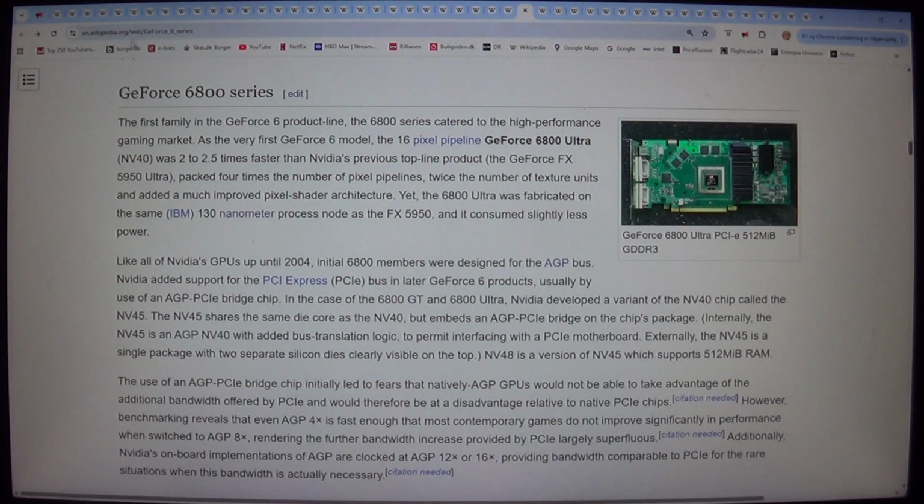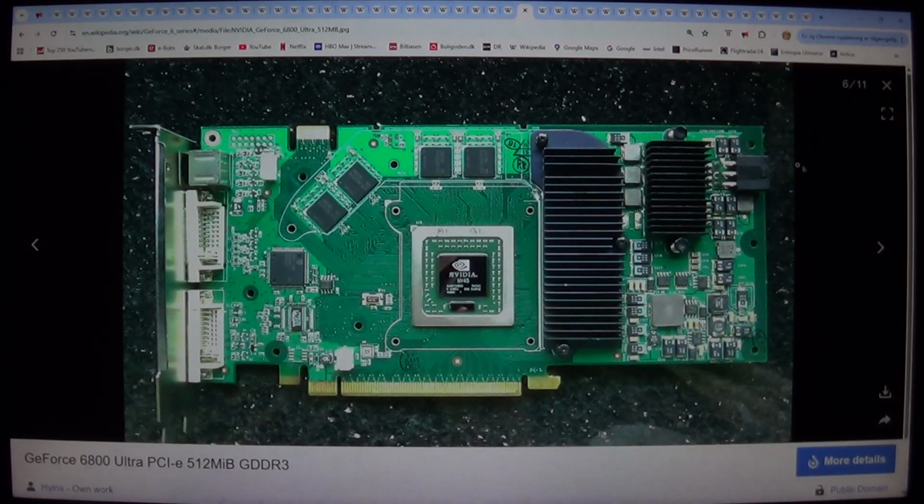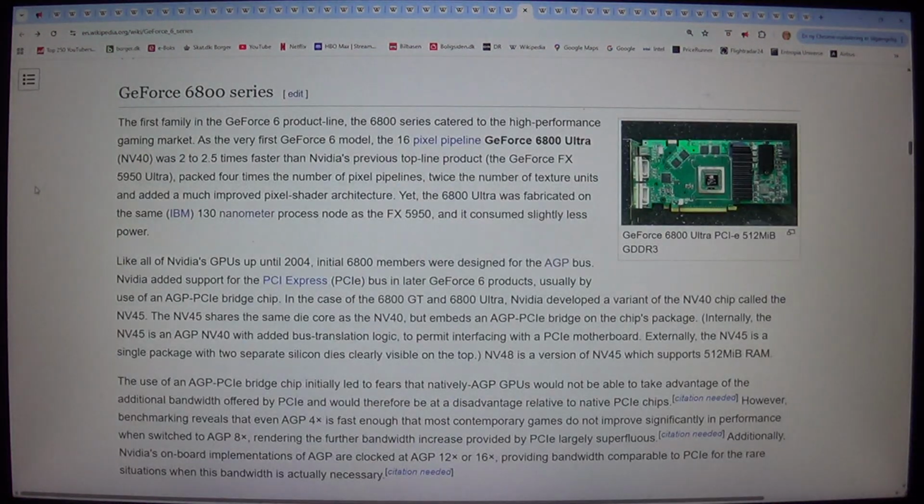GeForce 6800 series. The first family in the GeForce 6 product line, the 6800 series catered to the high-performance gaming market. As the very first GeForce 6 model, the 16-pixel pipeline GeForce 6800 Ultra, NV40, was 2 to 2.5 times faster than NVIDIA's previous top-line product, the GeForce FX 5950 Ultra, packed 4 times the number of pixel pipelines, twice the number of texture units and added a much improved pixel shader architecture.